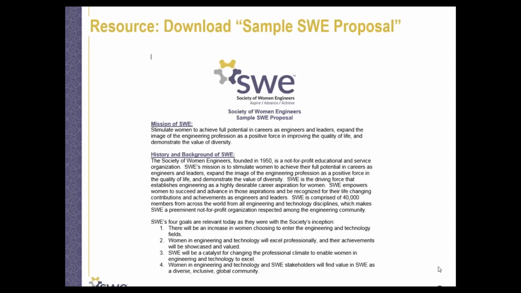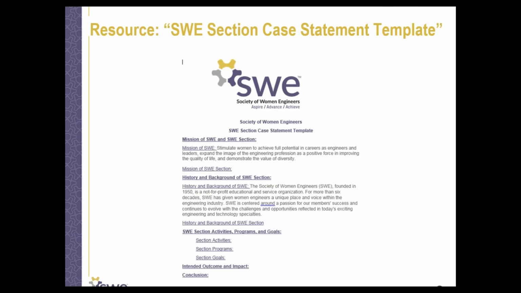Throughout this brief sample of our proposal, we also give a compelling needs statement with recent information, go over objectives and goals for a program, describe the program in detail, talk about intended and long-term outcomes, and have a conclusion. You're free to use any of this information in a proposal or case statement that you may be developing. In addition, we've developed this template that you can use to fill out information about your local section.